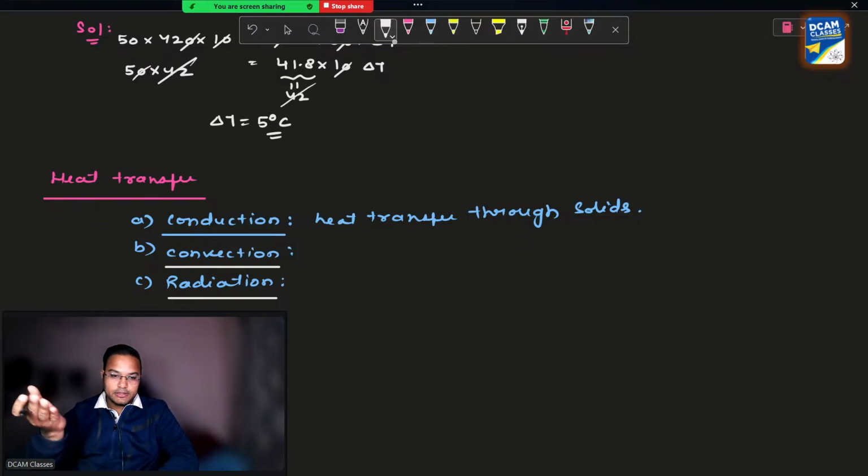What actually happens is the water level just above the heated surface is heated first. Its density gets lowered. When something is heated, its density decreases.